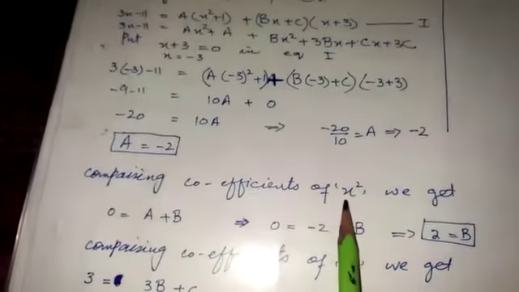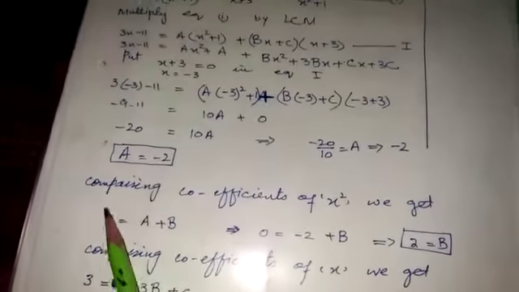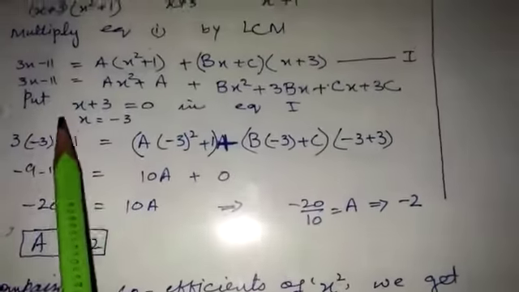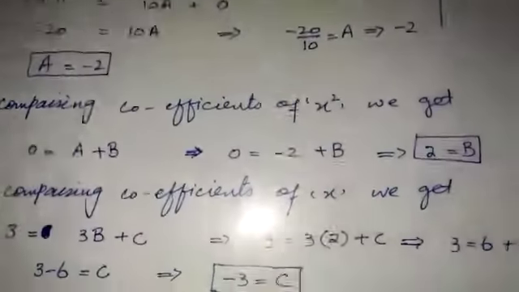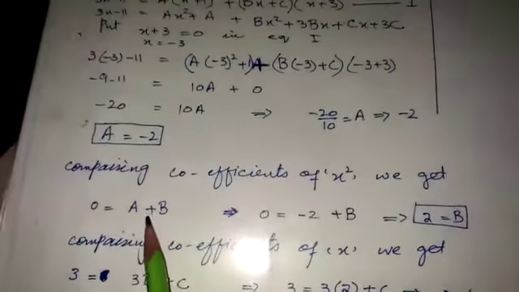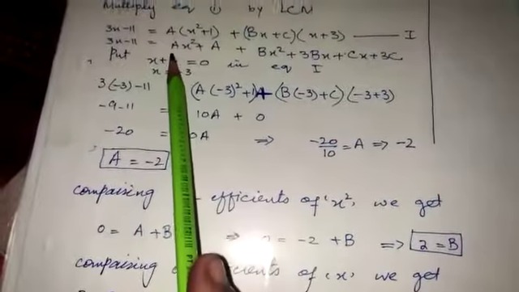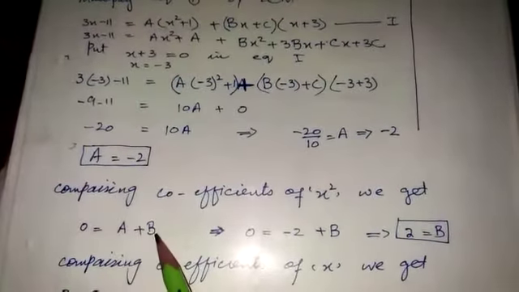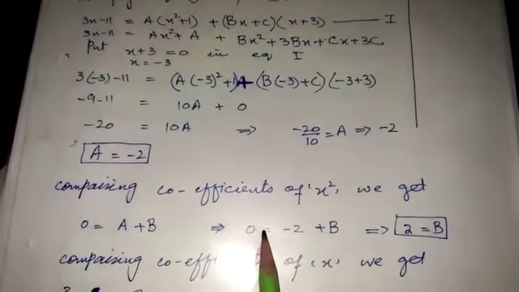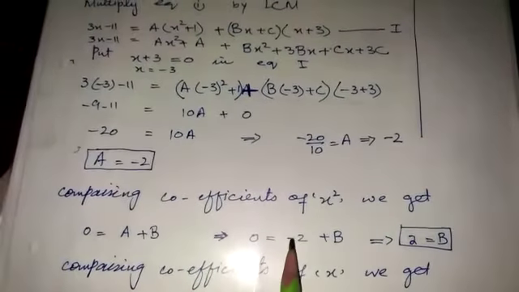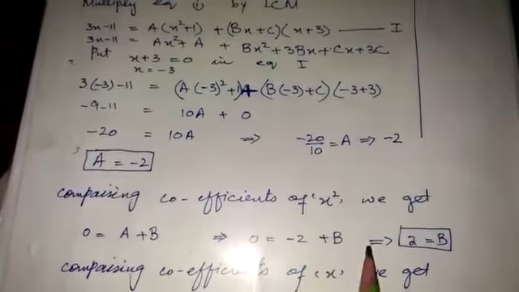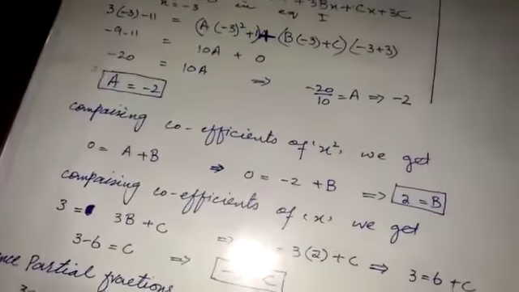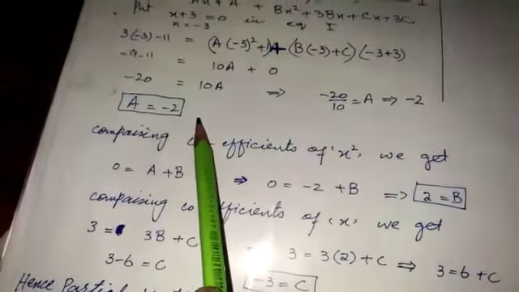Look here, on the left side of the equation there is no term of x², so we will write 0. So 0 equals A + B, since the coefficient of x² on the right side is A and B. Now 0 equals −2 + B, as −2 is the value of A. By shifting −2 to the other side, we get 2 equals B. Now the value of B is 2 and A is −2.